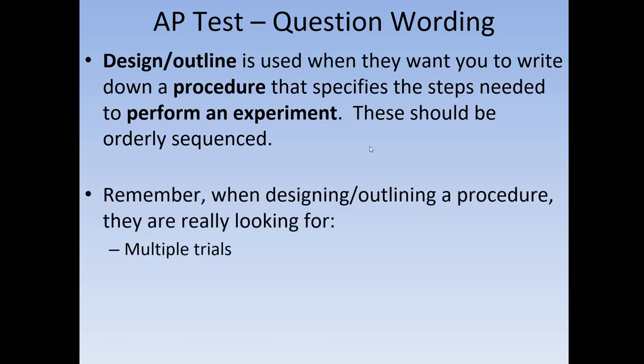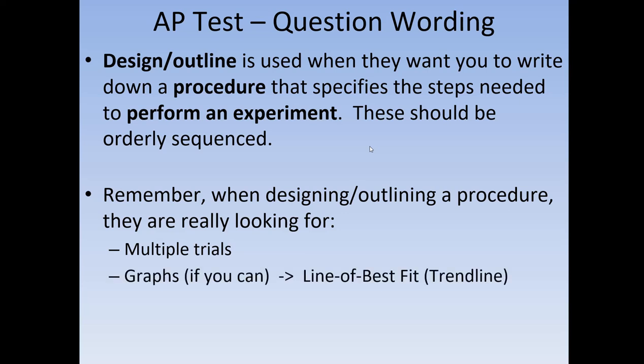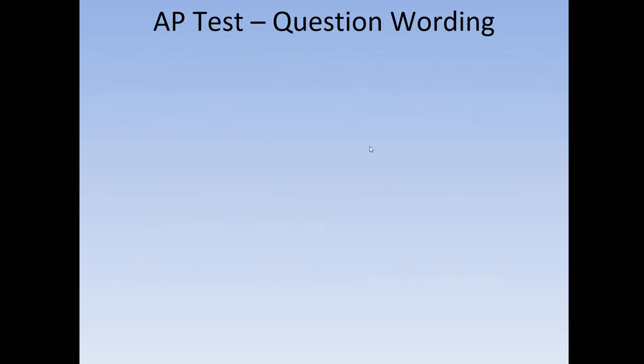Now, there are a bunch of things that they are looking for whenever they tell you to design or outline a procedure. They want things like multiple trials. They want graphs, which for the most part, not every experiment requires a graph, but a ton of them do. So you want to try and find a way to incorporate it. You want to be able to include lines of best fit and all that stuff.